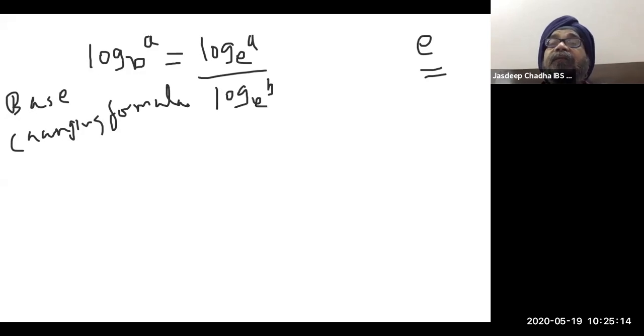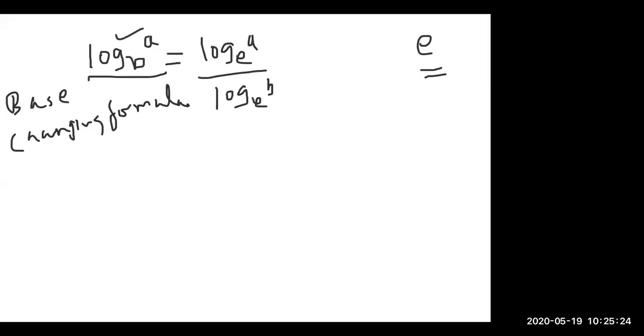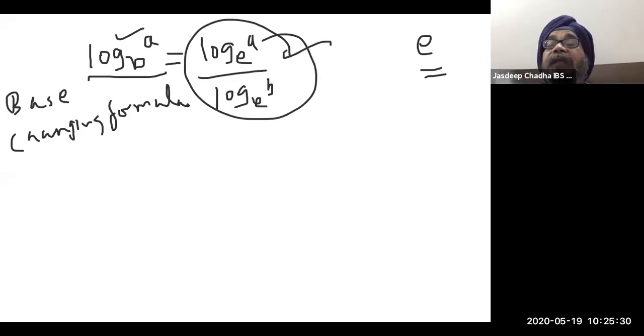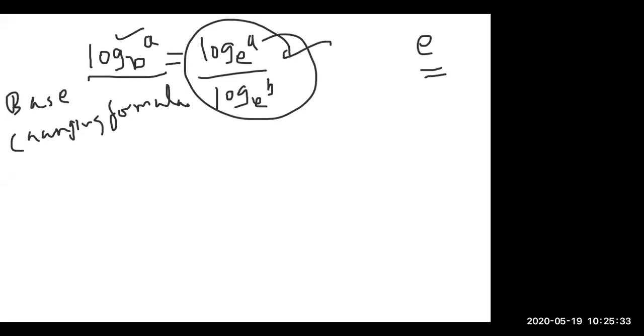Clear? Log A to the base B is equal to log A to the base E divided by log B to the base E. So equivalent of this is this. Correct? So this is the base changing formula. Everybody has written this formula? Yes, sir. Great.